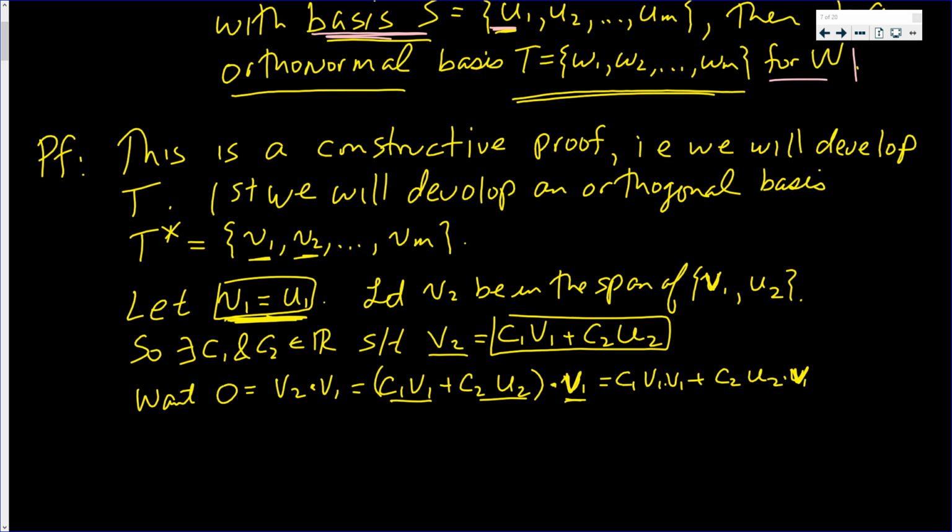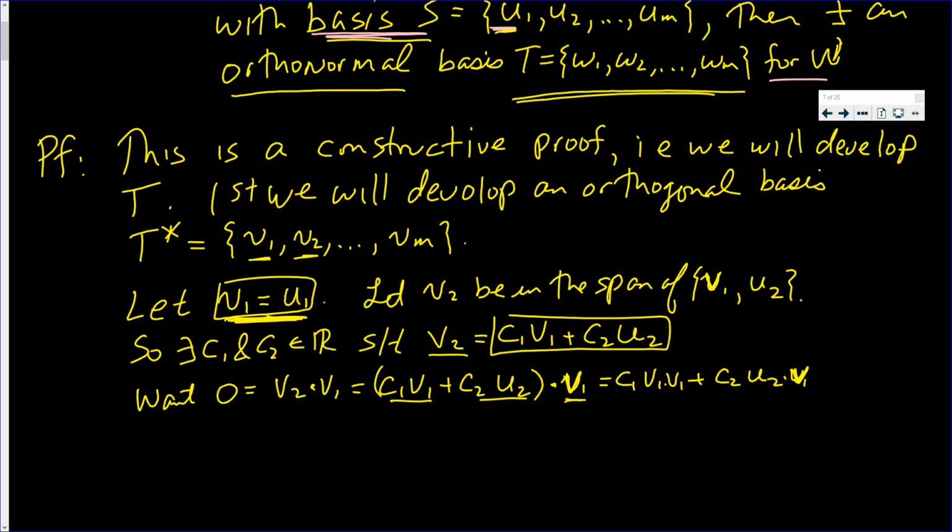That tells us that U1 can't be 0. The zero vector cannot be a basis element, because that would make the set not linearly independent. It would make the set dependent.